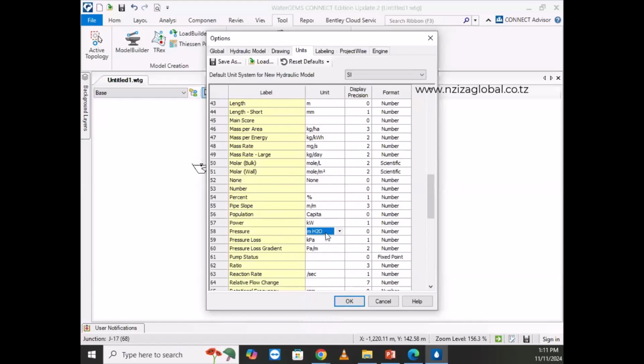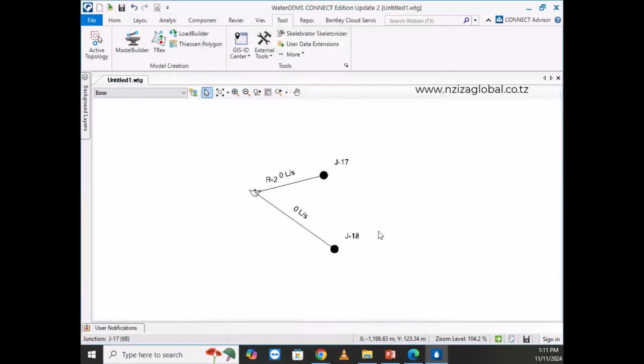Meters of H2O, which means it will show you at each level. For example, if you are at node X, it will show you the pressure here is, for example, 5 meters of water. Yes. So then you can apply. From there, all of your units have been set.